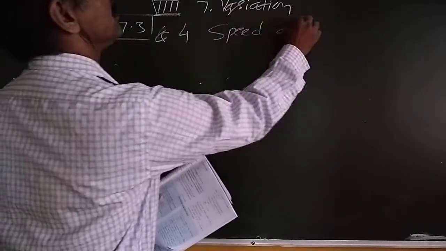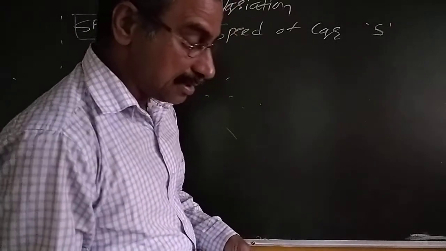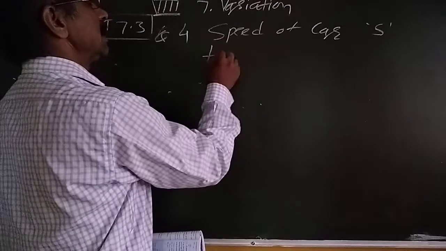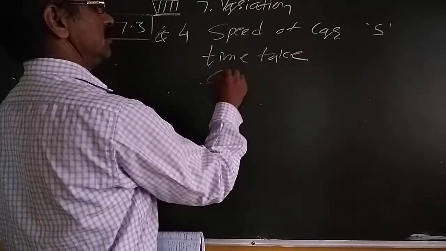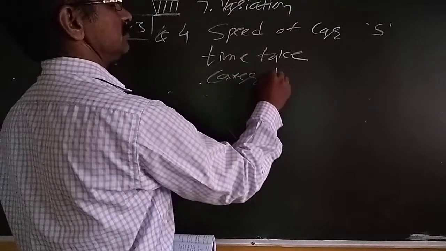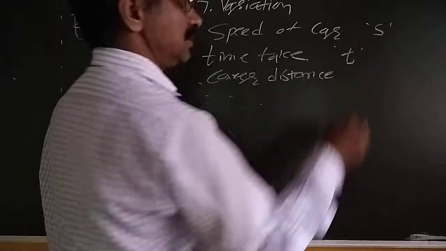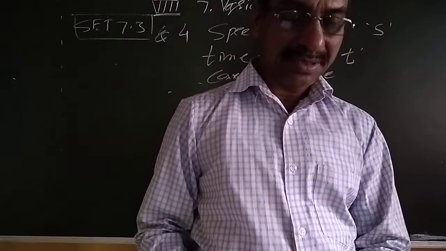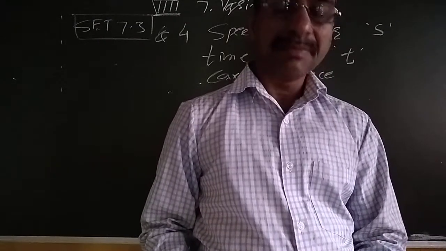The speed of the car is denoted by a small s, and the time taken to cover the distance is denoted by T. Then we find out whether it is a direct variation or an inverse variation. As the speed increases, the time decreases.